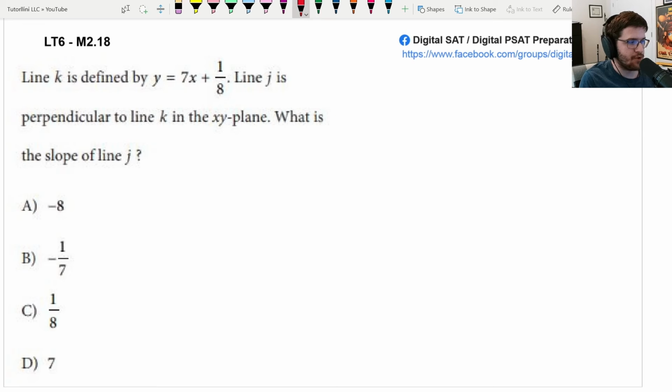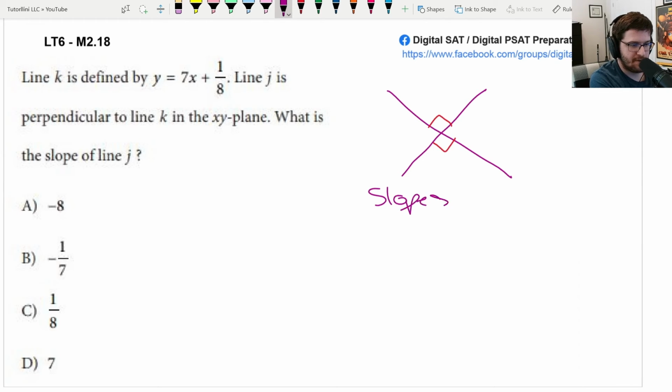Okay, this is module 2, question number 18. So the concept they're testing us on here is that perpendicular lines, they cross at right angles. But the thing that they really want you to know is that the slopes of perpendicular lines are opposite reciprocals.